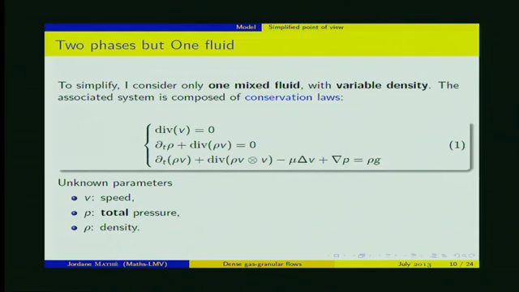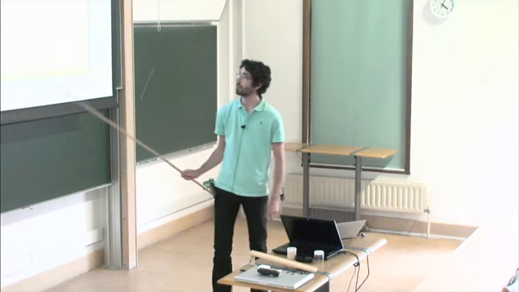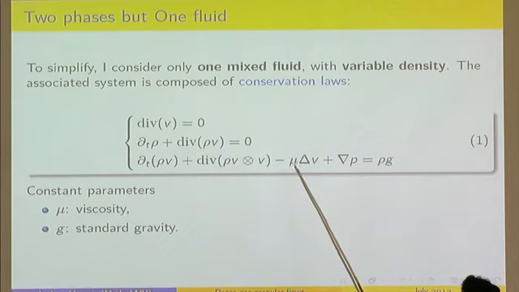Okay. And then the parameters are the following ones. V is the velocity, P is the total pressure, and rho the mixture density. Other constants are mu, the viscosity here, and the standard gravity. So those are already known in mathematics and physics, but not very good for my purpose.